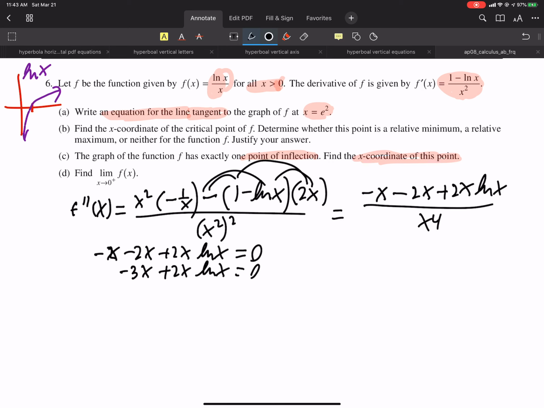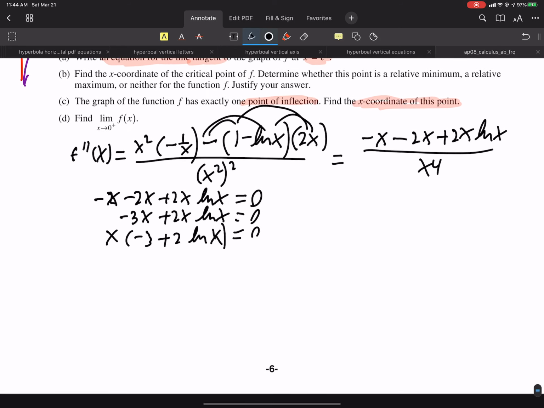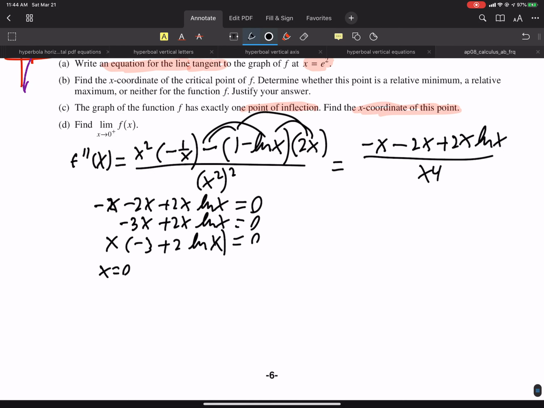We can factor out an x. Set each of those equal to 0. Add 3 to both sides on the second one.